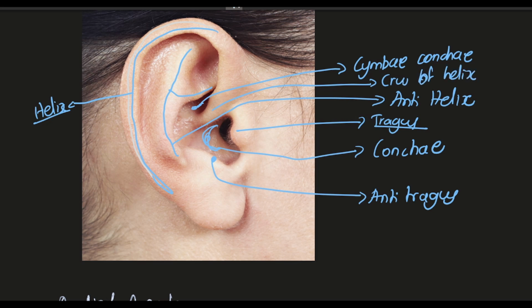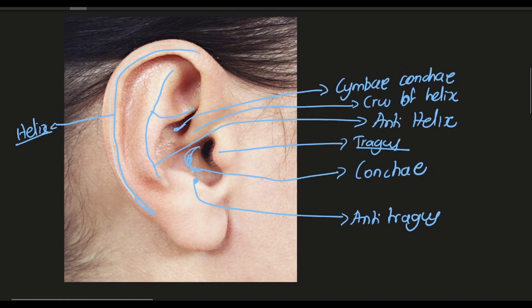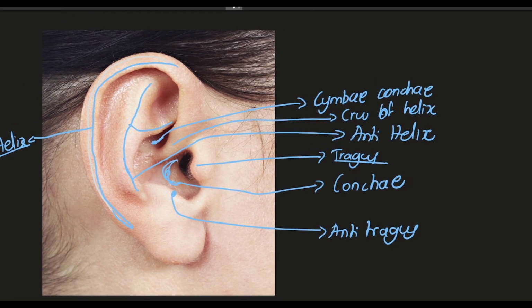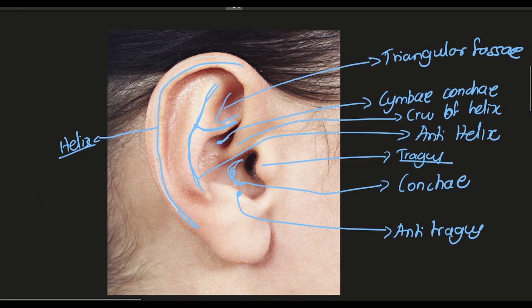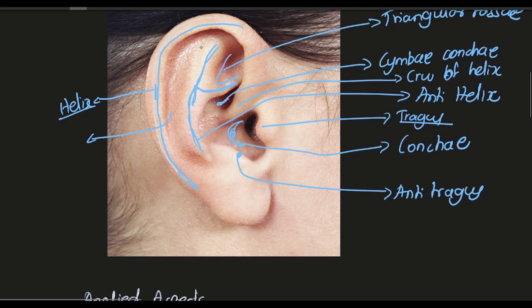Now you can see there are two more fossae. As the anti-helix goes further, it divides into two, forming a triangular fossa. And here, in between the helix and the anti-helix, you can see one more fossa, called the scaphoid fossa.